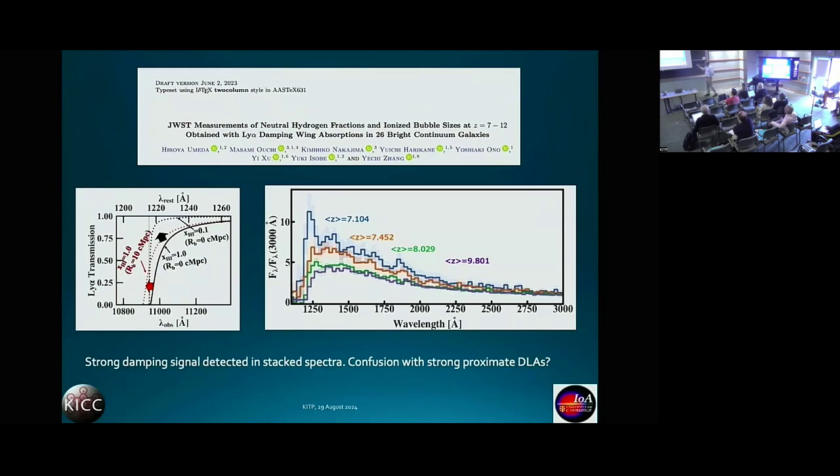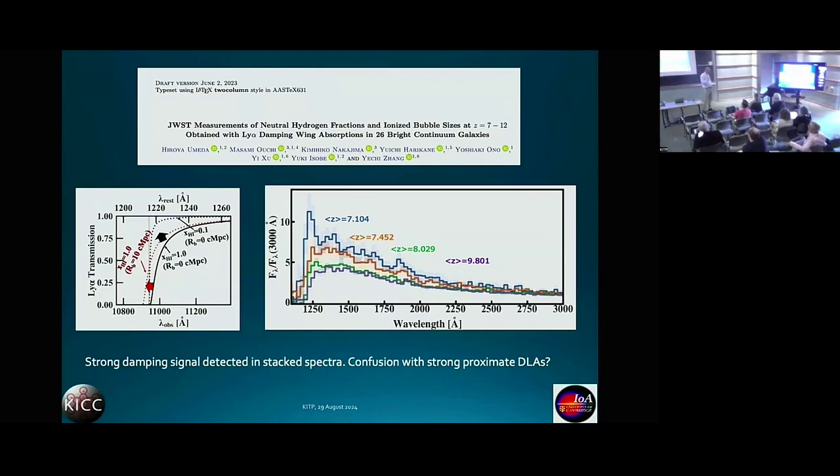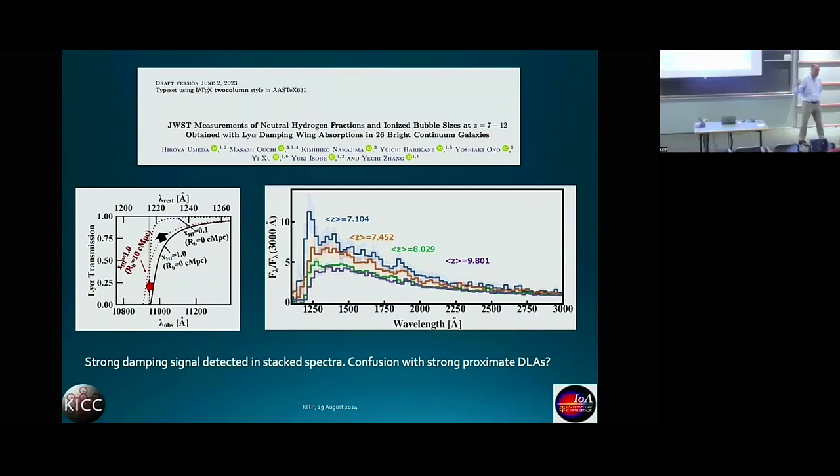So I think this was one of the things that got me most excited about the JWST results, that there's a clear signal with redshift that something is absorbing and looks like a damping wing. I think immediately afterwards there came another paper that there also seems to be an increase in proximate DLAs in these systems.